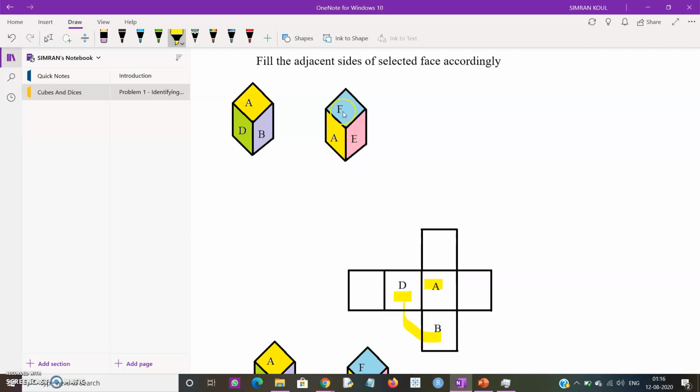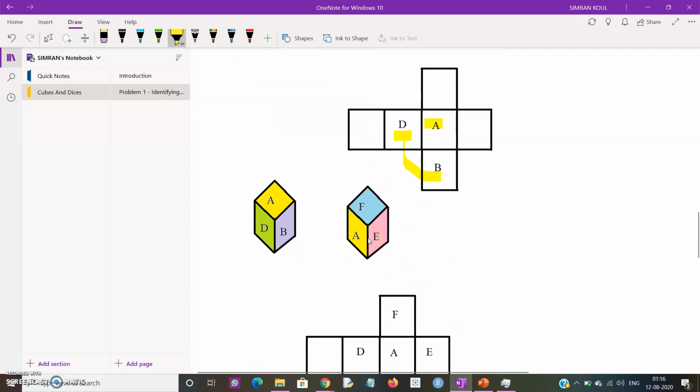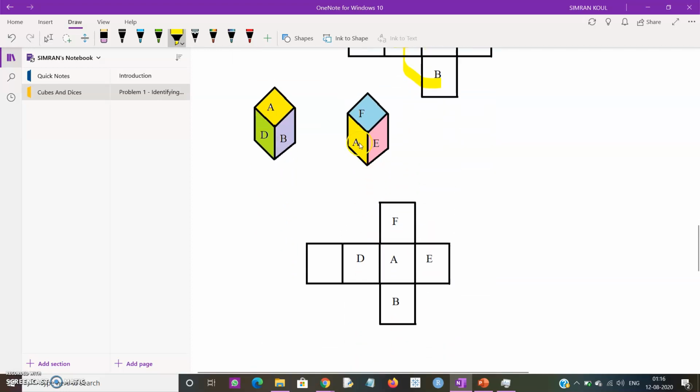Now comes the turn of F and E. Here you can see that F is to the right of A. So right of A means this position or this position.